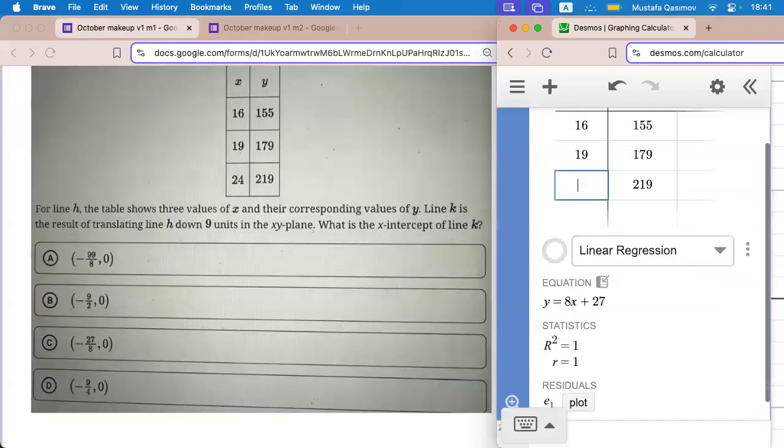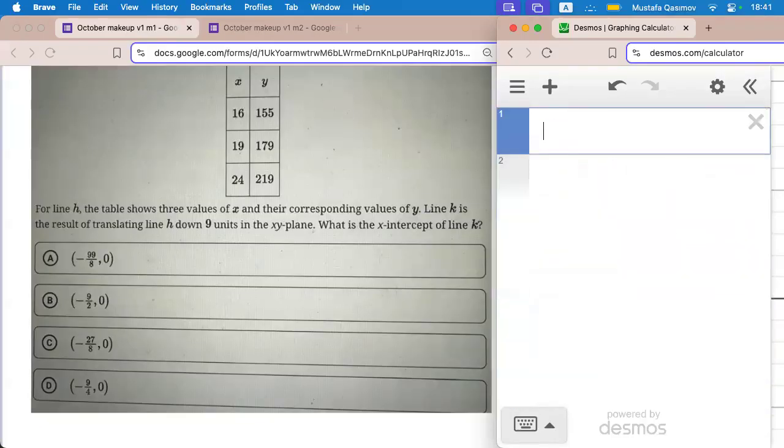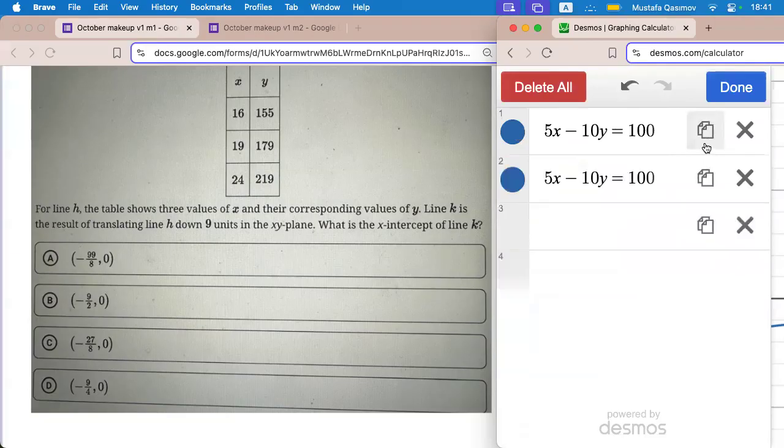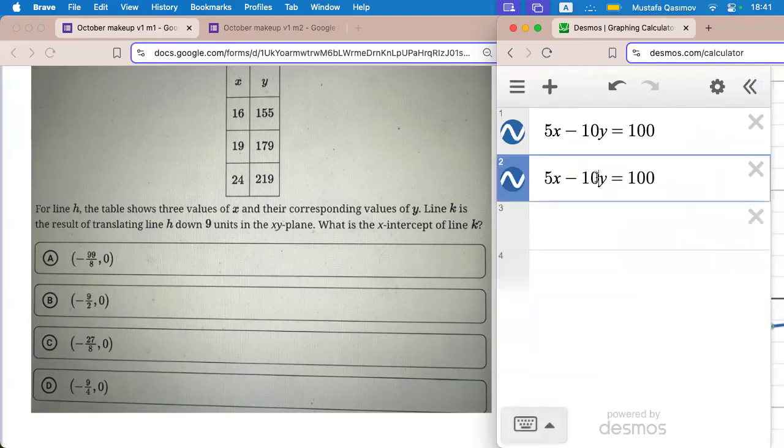For this question, yeah, it says a little bit different. It says like that: 5x minus 10y, we have this function, it is equal to 100. We need to translate this one 4 units down. When you need to translate this one 4 units down, yeah, we have to write it in standard form, or we can write it like that, plus 4 here.